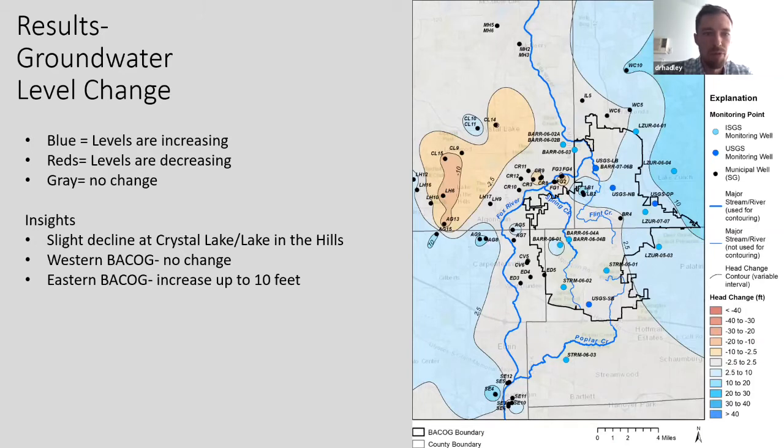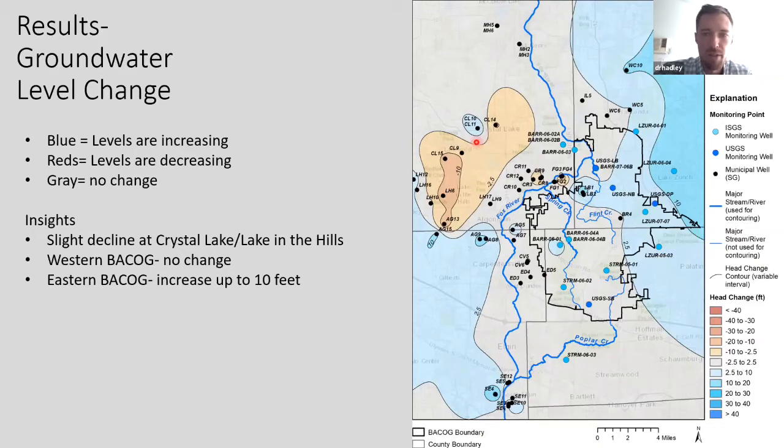So blues are increasing, reds are decreasing. And all the area in gray is essentially areas of no change. So if it was plus or minus about 2.5 feet, we're saying that's really not much of a change. And in the eastern BACOG area, in general, water levels increased from 2014 to 2016.